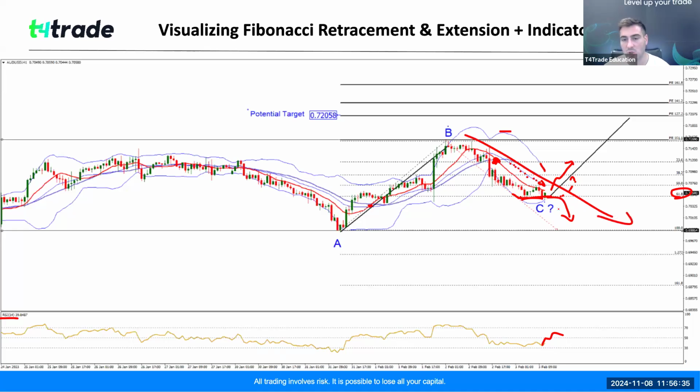Head to lower ground rather than upwards, until, if and only if, we see some sort of destabilization or a shift in trend. Then we're going to do Fibonacci extension and possibly enter a position here and have a target somewhere in there. But for the time being, because we see the bears being in control, we're going to go short here if we get a break below this level.